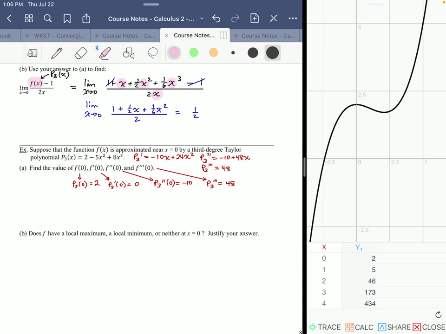So I would want to investigate whether or not there is actually one at 0. Well, I have a critical value at 0, as indicated by the fact that the first derivative of the polynomial is equal to 0. So now it's just a question of whether, if we're relying on an analytic approach, that's truly a local max.